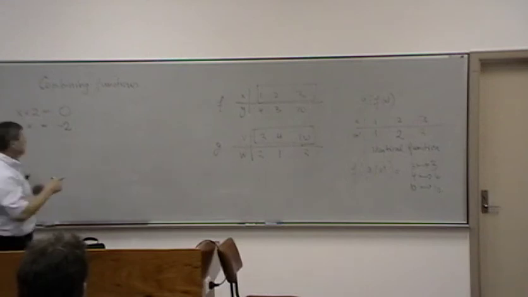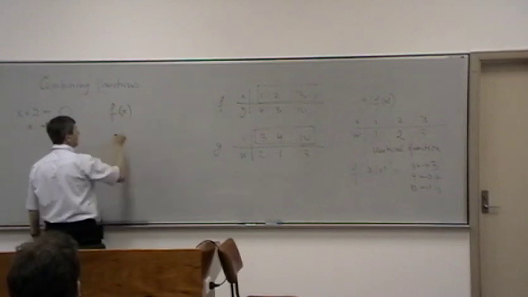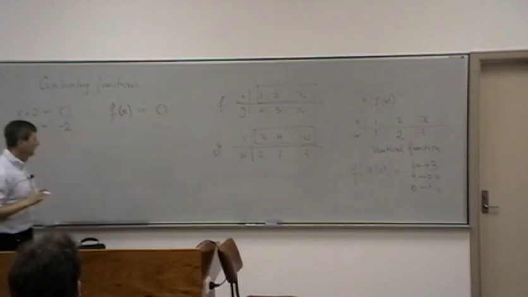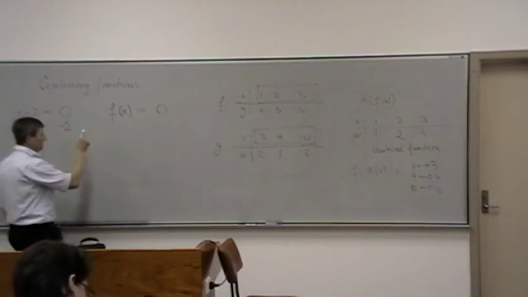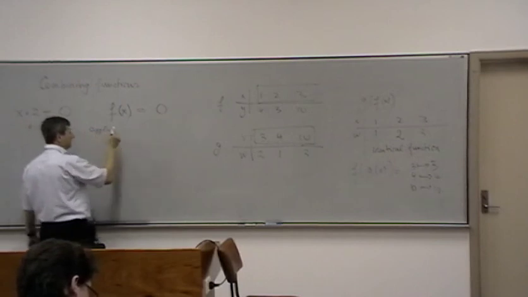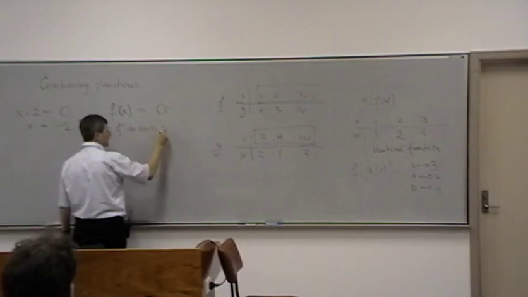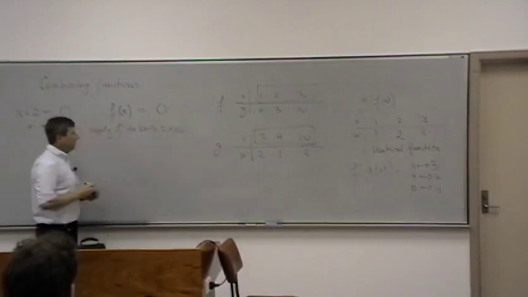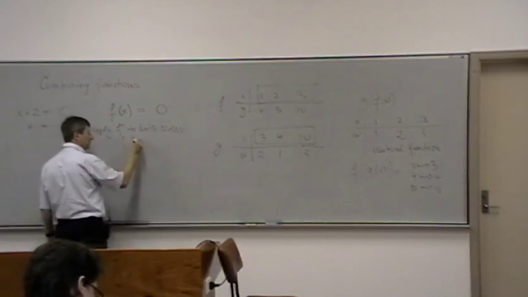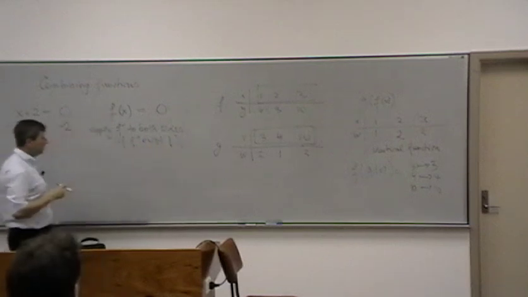So more general equations would look like this. We have a function f applied to x equals 0, or here could be also another number. So what we do is apply the inverse function to both sides, if it exists. Of course we can only do this if f to the minus 1 exists. Otherwise we are in trouble, we can't apply it.